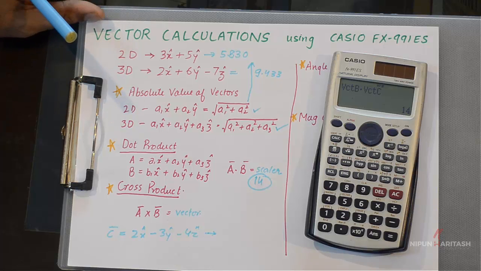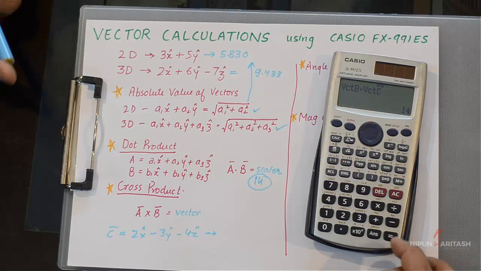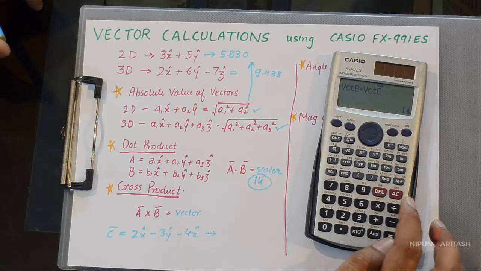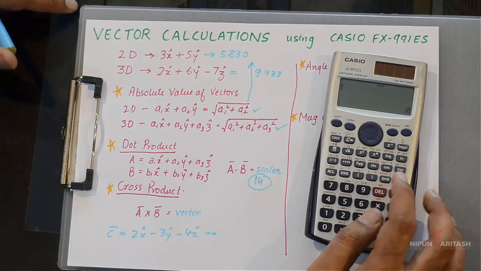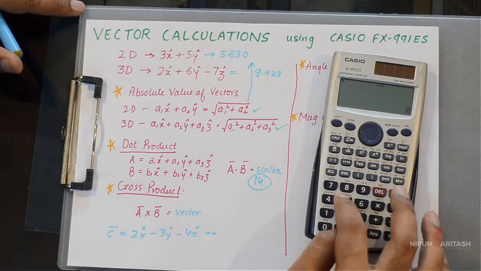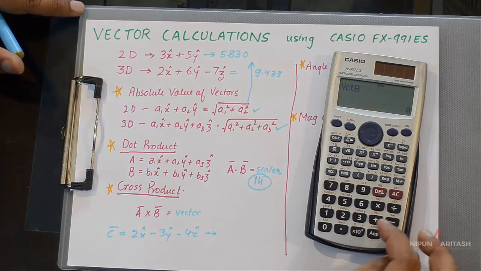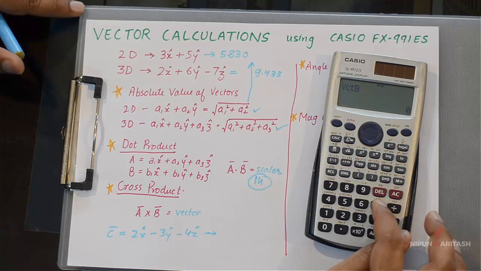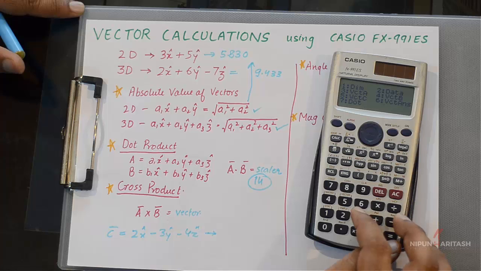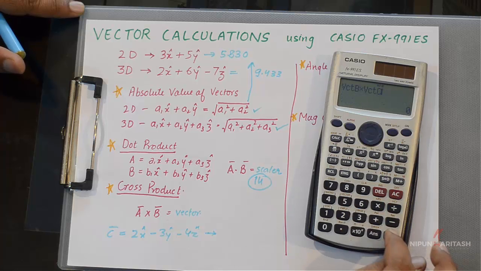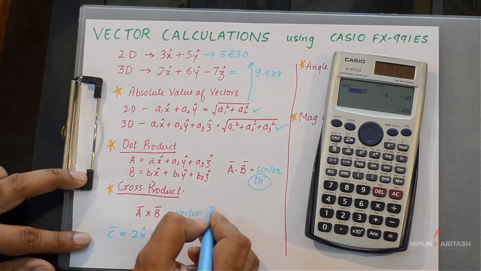And cross product is even simpler, because you can simply find the cross product by pressing the multiplication sign button on the calculator. Let me just show you. You can go to shift vector, select vector B, then simply press the multiply sign, go back to vector, select vector C, and now you find the cross product, which is a vector quantity, of course.